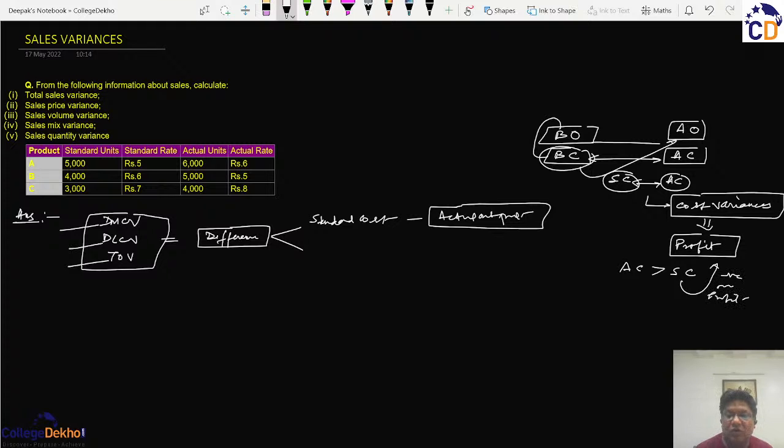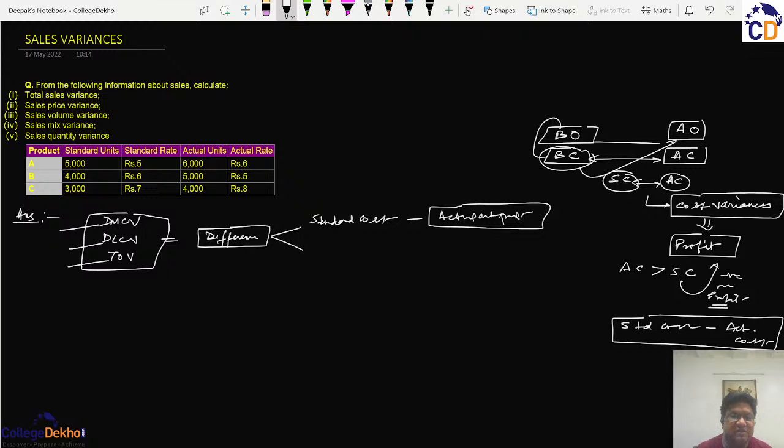So when we created the formula, we always showed the difference as standard cost minus actual cost, putting the standard cost first. If this figure comes out positive, the variance is positive. If it comes out negative, the actual cost is more than the standard cost, which has a negative effect on the profit, and hence such variances were depicted as negative.